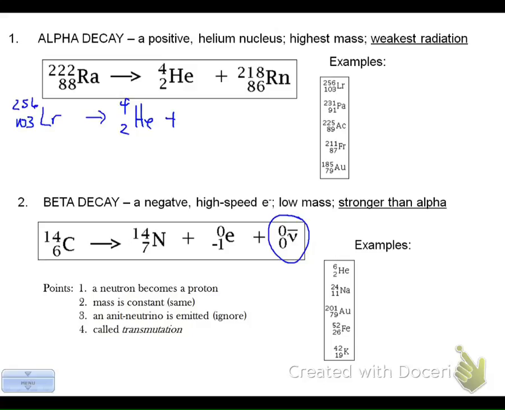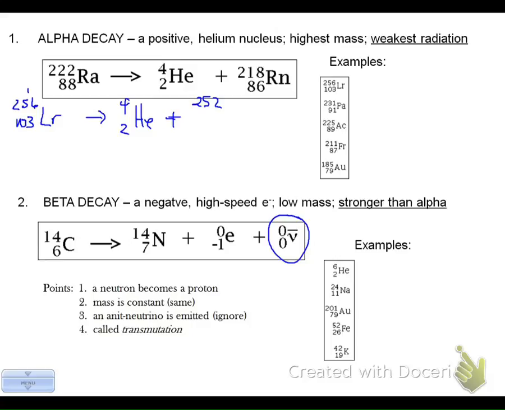And then to figure out the rest of our nuclear equation, it's just a mass balance and it's a charge balance. Conservation of mass, conservation of energy. The top line, if we could say 256 equals 4 plus something. Well, that's 252. So the top numbers have to add up to equal 256.